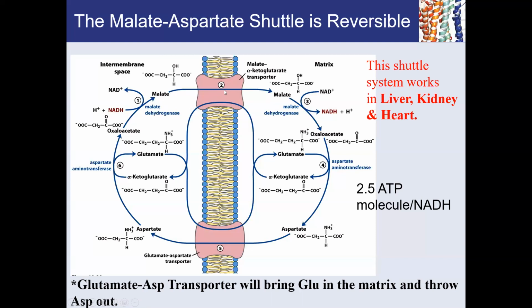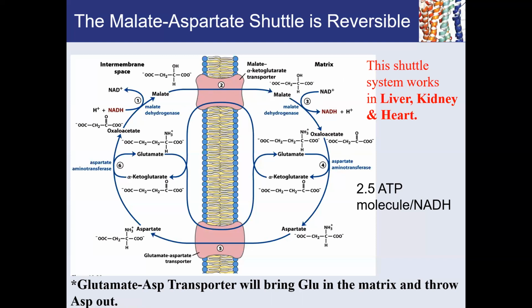Malate then comes into the mitochondrial matrix via the malate alpha-ketoglutarate transporter. Okay, so it will bring malate in and alpha-ketoglutarate will go out. It's an antiporter system. So once malate comes in, remember you have the malate transporter. You know this already. I have talked to you about this, right?